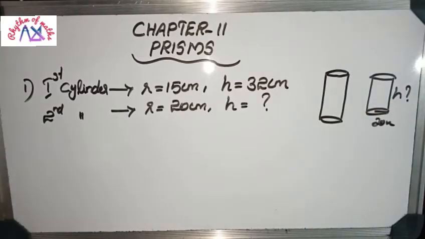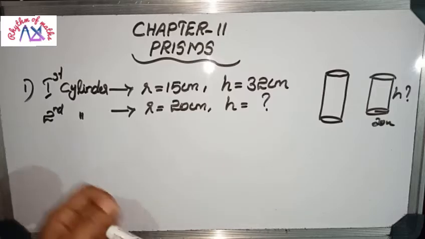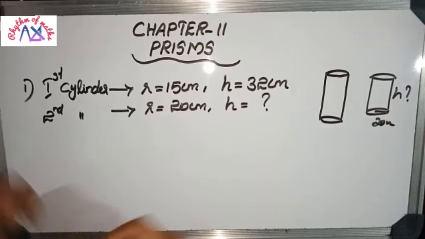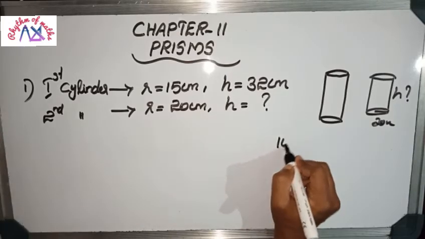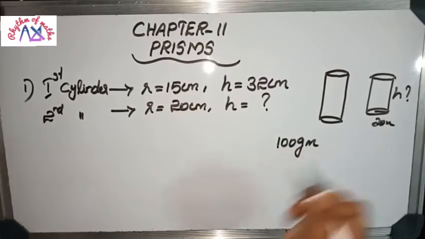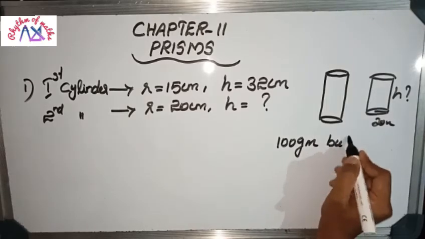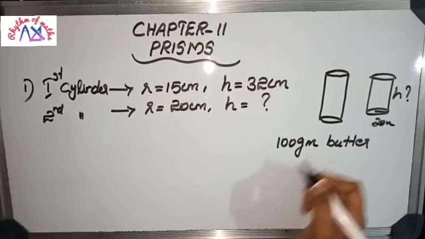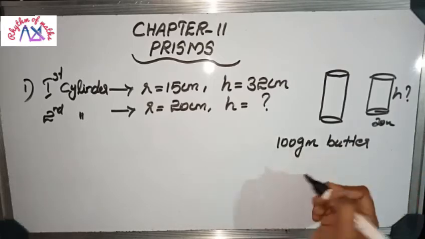Now in this type of question, that means melting and recasting problems, the volume remains the same. Suppose we are going to melt 100 gram butter. After melting 100 gram butter, what will we get? We will get ghee, a liquid form.